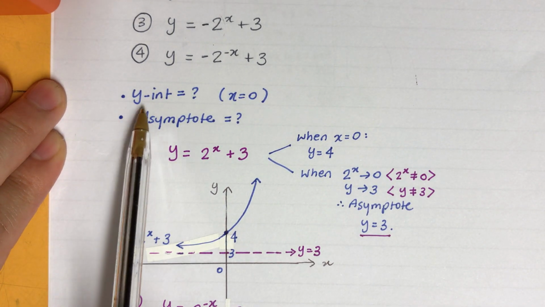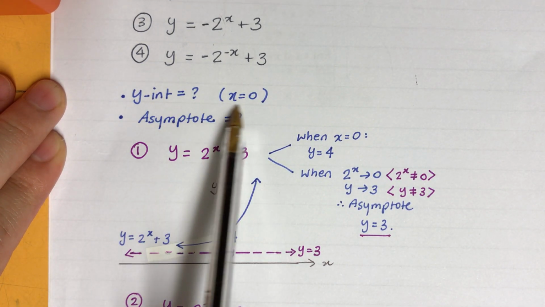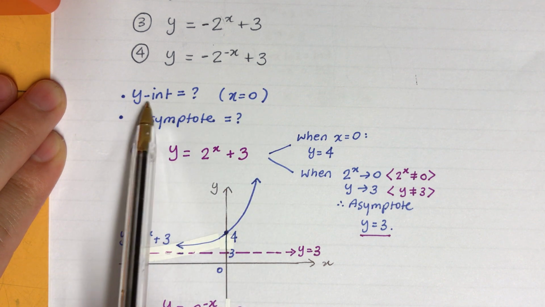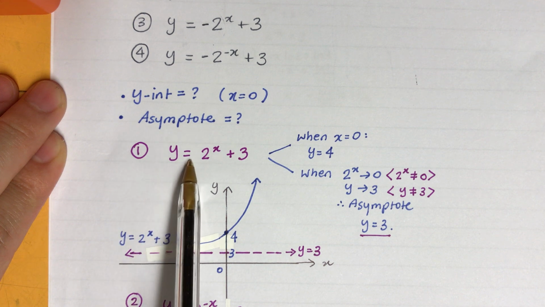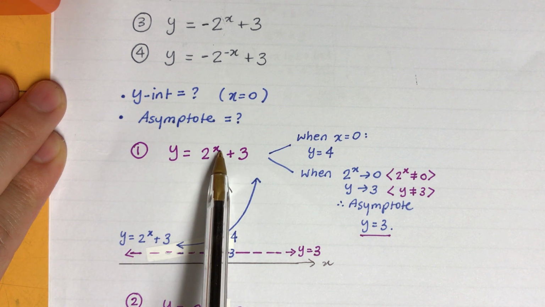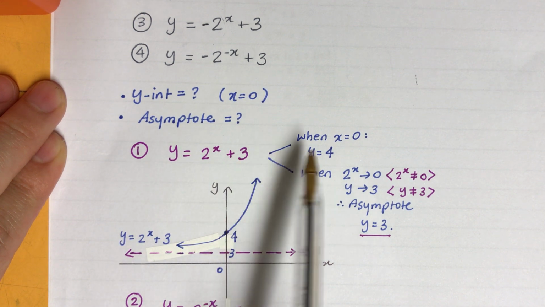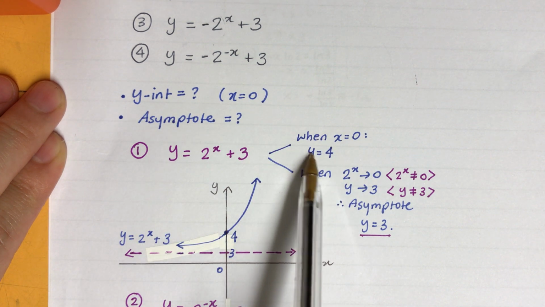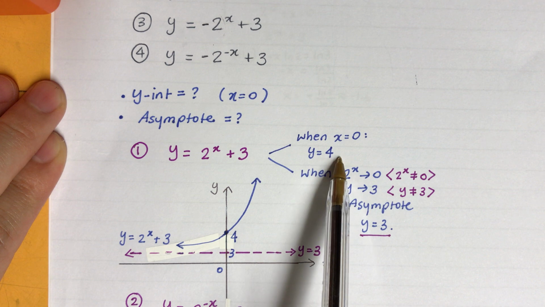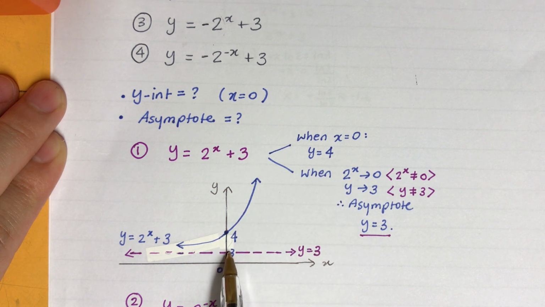Before we start sketching, it's a really good idea to find the y-intercept and the asymptote. So the first graph is y equals 2 to the power of x plus 3. Now when x equals 0, because I want to find the y-intercept, that will give you y equals 4. So it was 1, and I pushed it up 3 units, so it'll be 4 now.